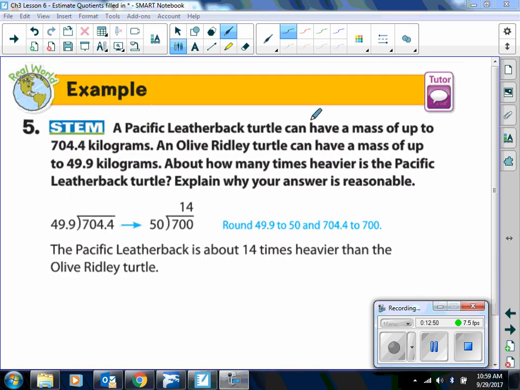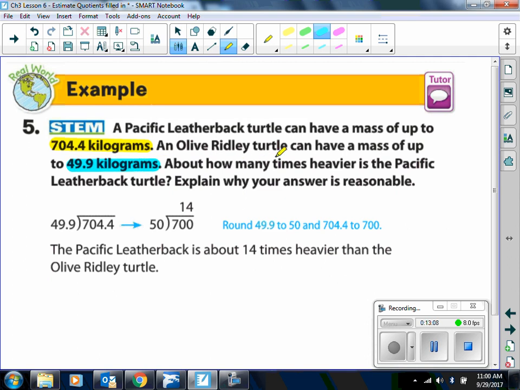A Pacific leatherback turtle can have a mass of up to 704.4 kilograms. An olive Ridley turtle can have a mass of up to 49.9 kilograms. About how many times heavier is the Pacific leatherback turtle? Okay, so here we're comparing.